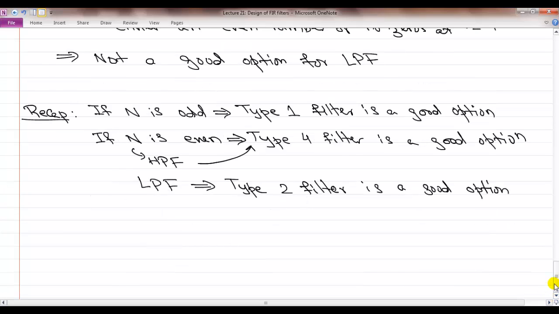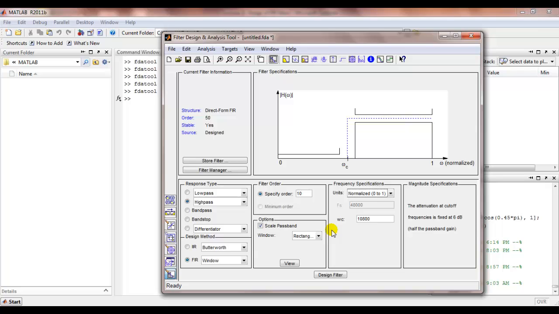And if you go to the FDA tool, it automatically looks at it and tries to give you the best option. So we'll start off with the high pass filter design, and we'll say we want a cutoff of 0.6. So our length is odd, which means our order is even.